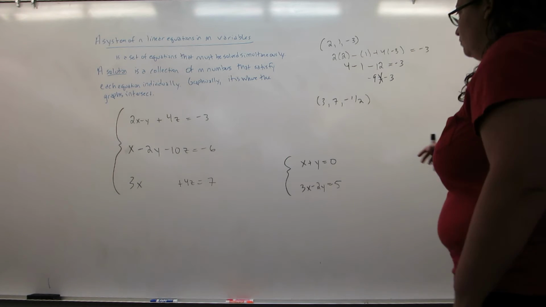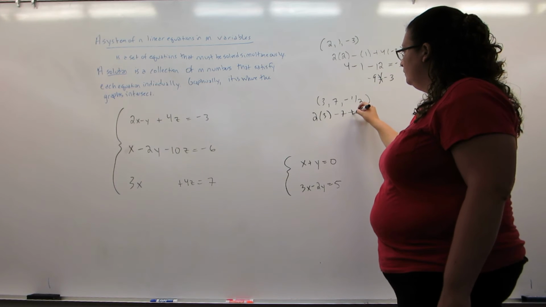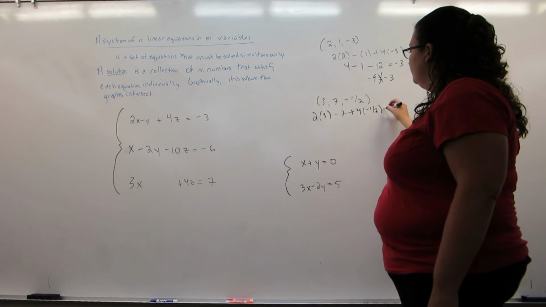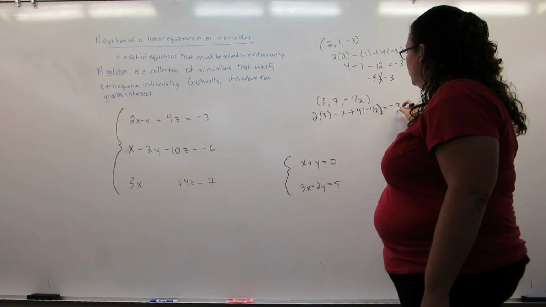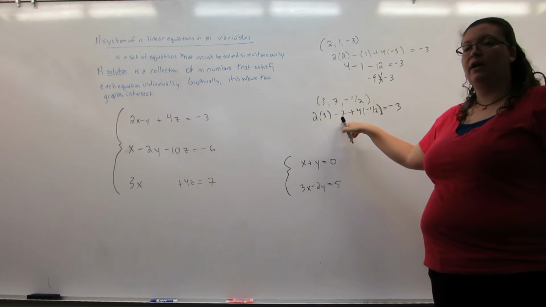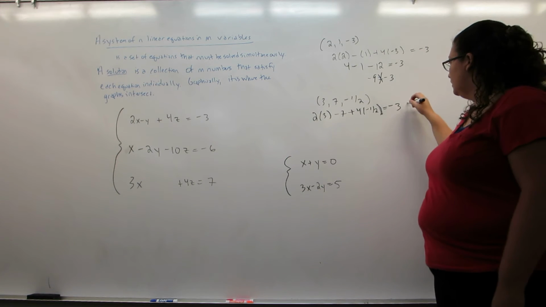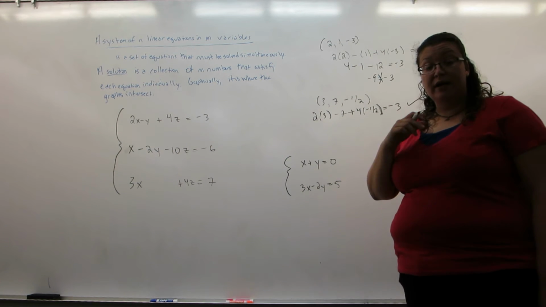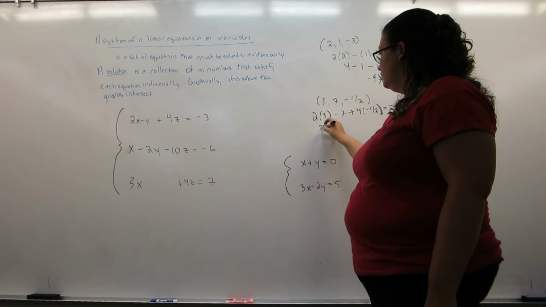Let's try the second point. I'm going to plug it into the first equation. And I get 6 minus 7, which is -1, minus 2, that does equal -3. But I still don't know it's a solution to the system because I haven't checked the other 2 equations.